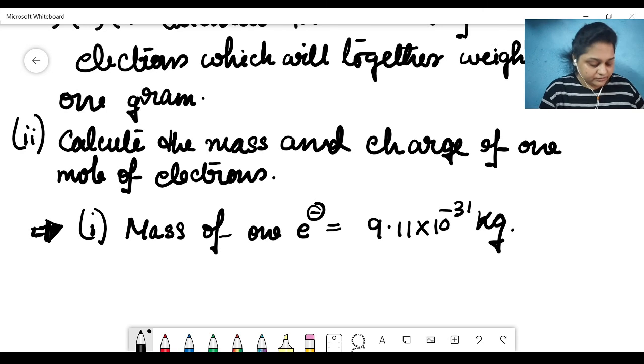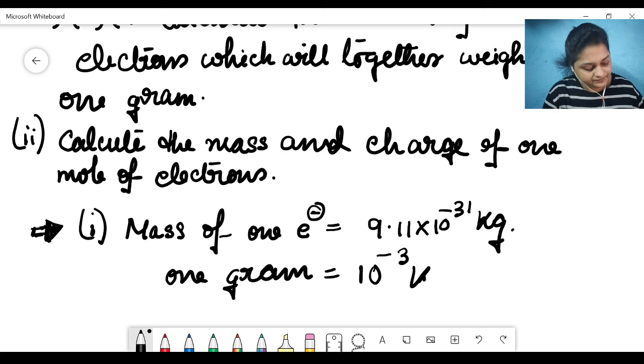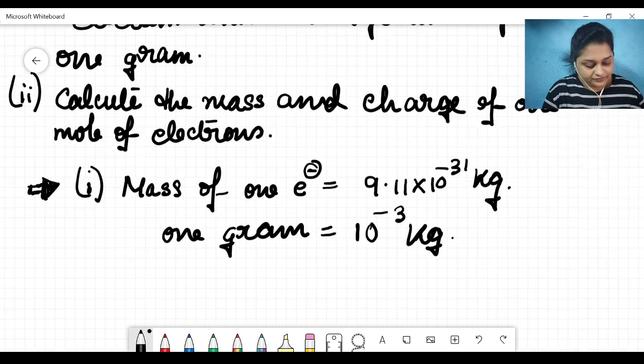Now the total numbers of electrons that are given weigh 1 gram. So 1 gram in the unit of kg is 10 to the power minus 3 kg. So we need to find out how many numbers of electrons are present in this particular 10 to the power minus 3 kg of electrons.